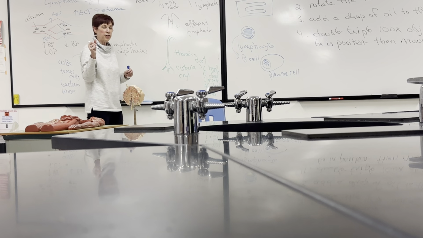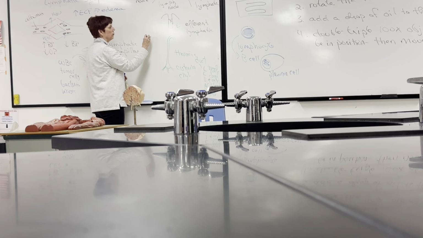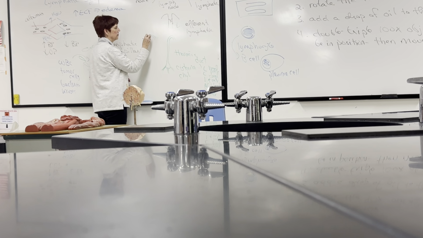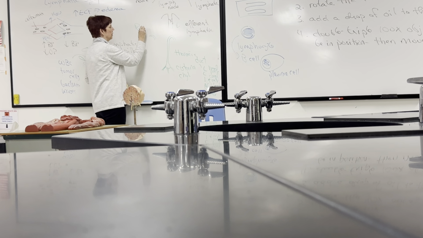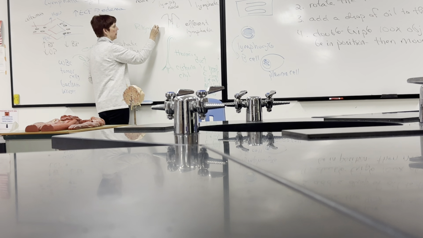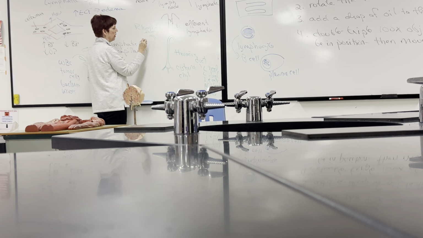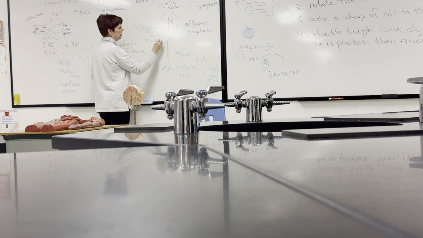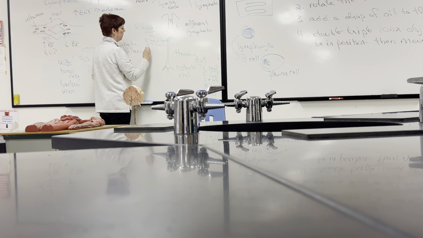Then we have about 1 inch to 1.5 inches right lymphatic duct emptying into the right subclavian. And this is going to come finally, right head and neck, right upper limb, and right chest.